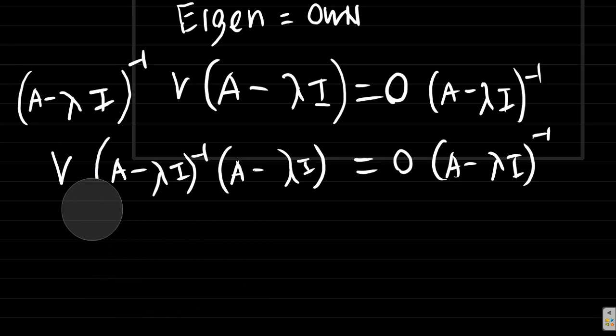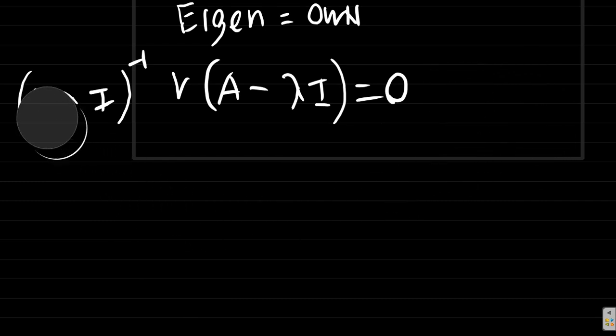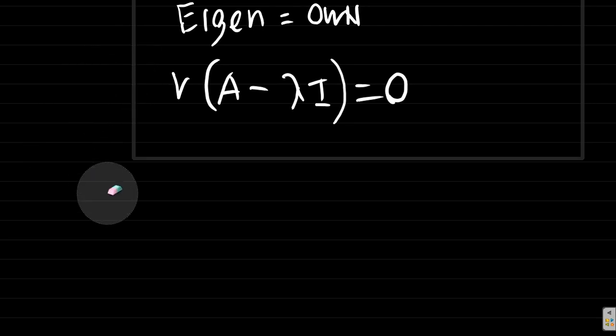You should not be able to find the inverse of A minus lambda I. If you remember the name of the type of matrix that is not invertible, it is called a singular matrix.